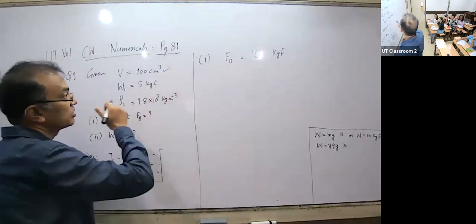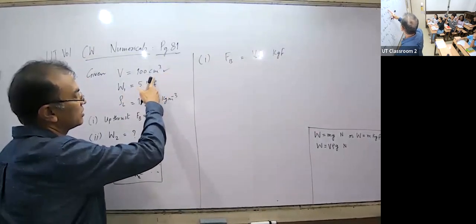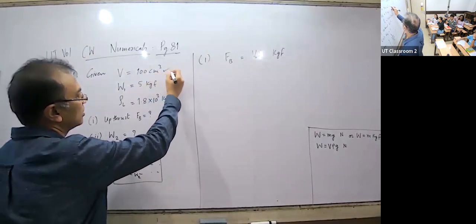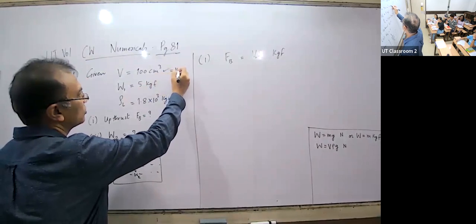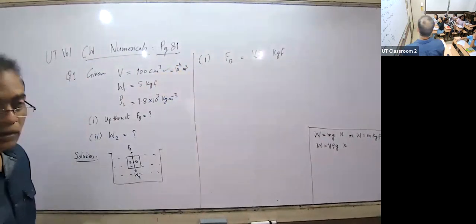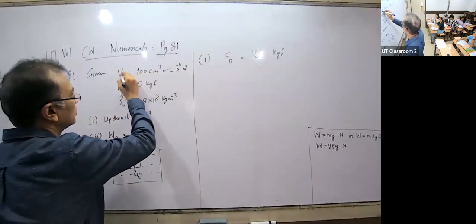But how much will it be in SI unit? Centimeter is 10 raised to minus 2, so cube gives 10 raised to minus 6. So 100 into 10 raised to minus 6 will be 10 raised to minus 4 meter cube. So the volume of the liquid displaced is the same as the volume of the solid.